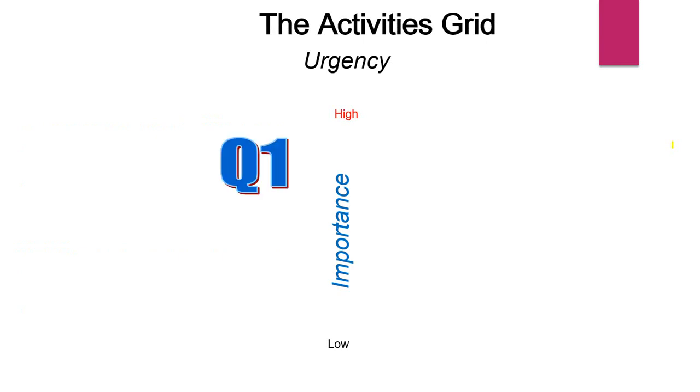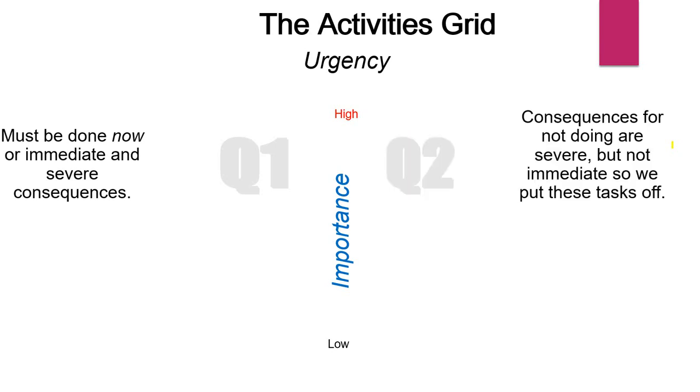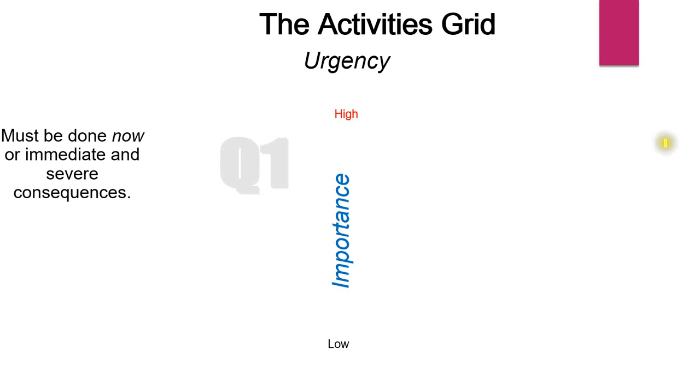You can see the activity grid of urgency. It has four steps. You can look at the parameter of how high or how low the urgency is. You should make a classification in very simple words.